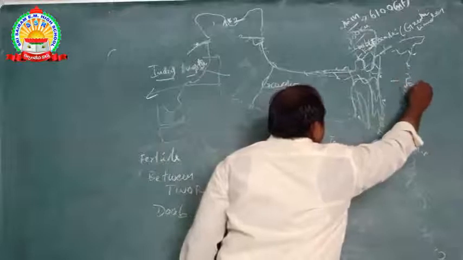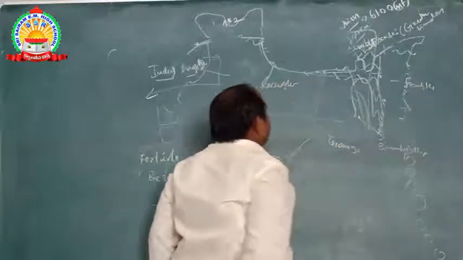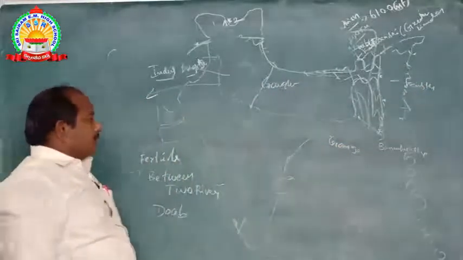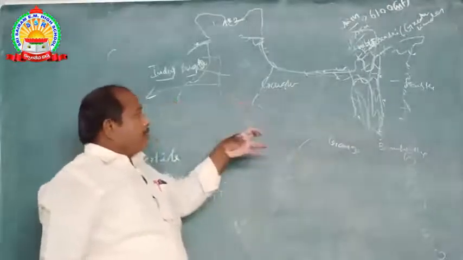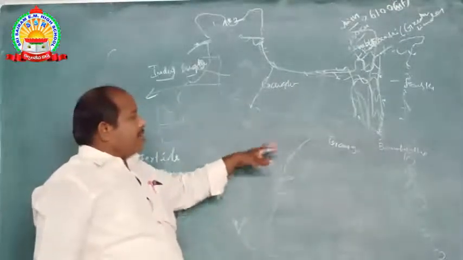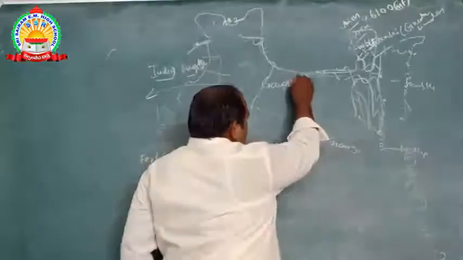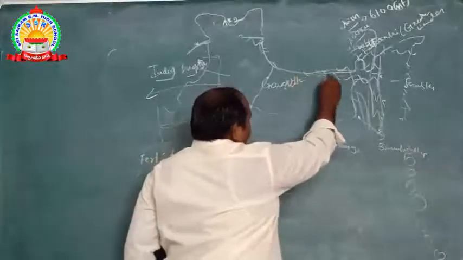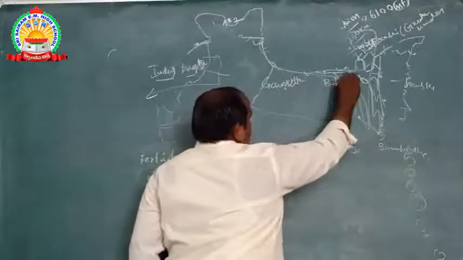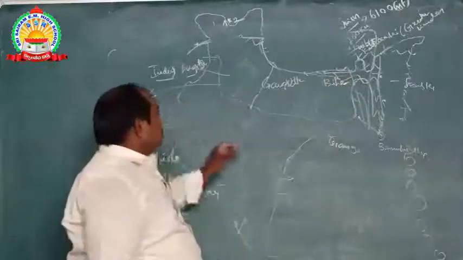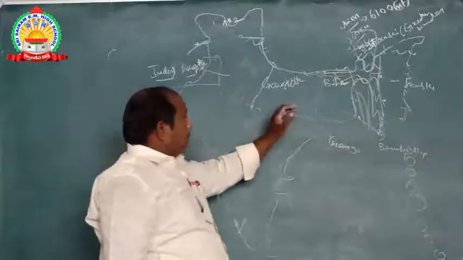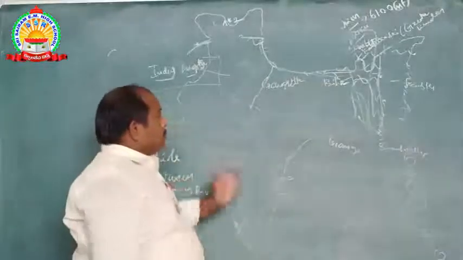This plain covers Uttar Pradesh, Bihar, partly Haryana, Jharkhand, and West Bengal.